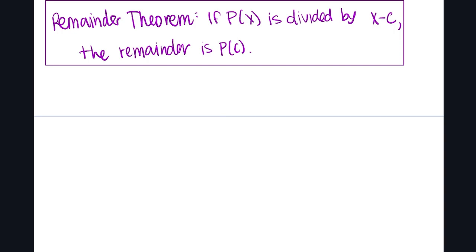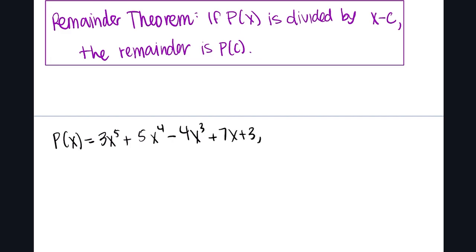So let's say P of x is equal to 3x to the 5 plus 5x to the 4 minus 4x to the 3 plus 7x plus 3. And I want to find P of negative 2.